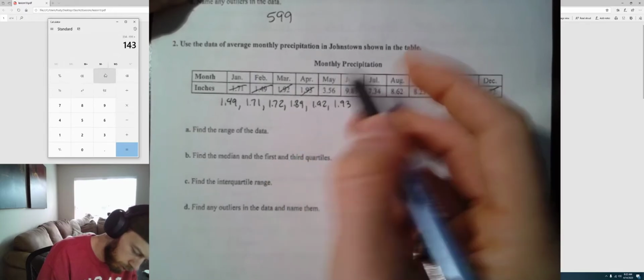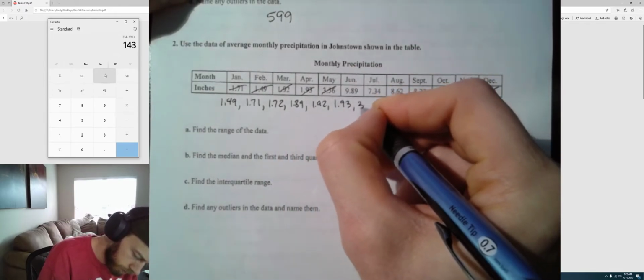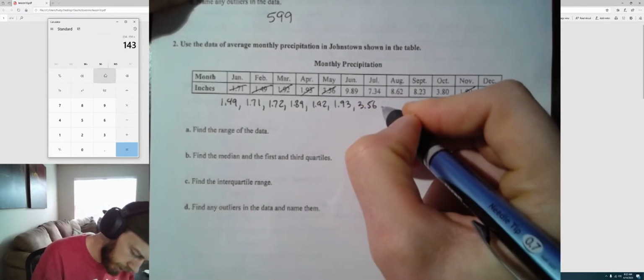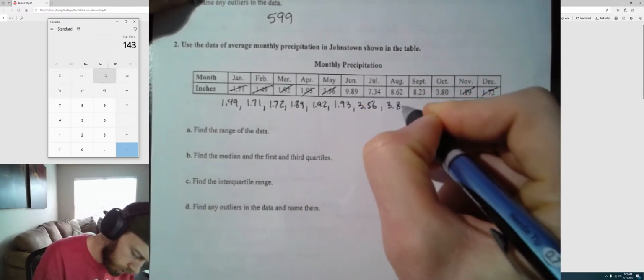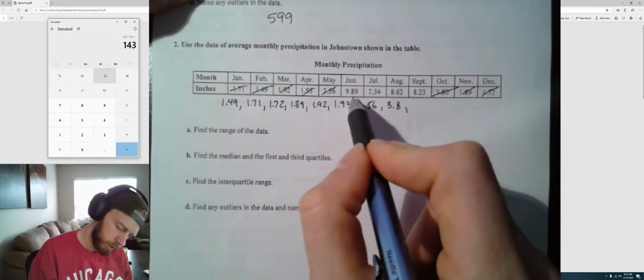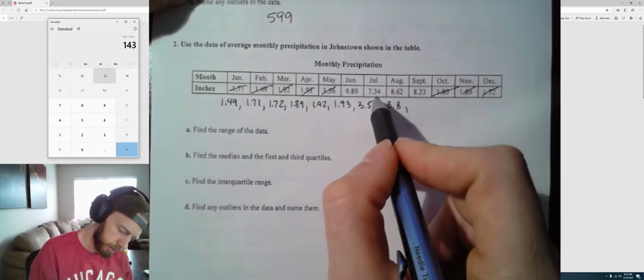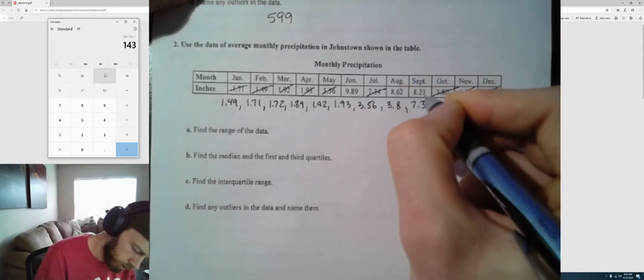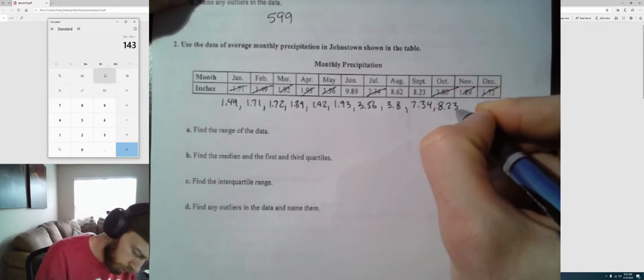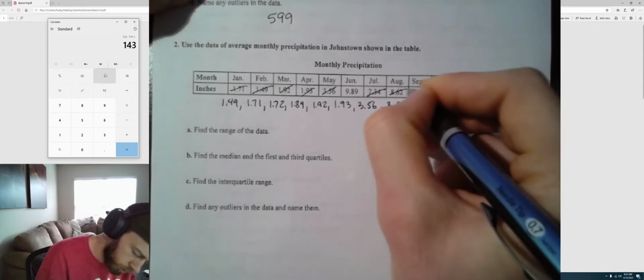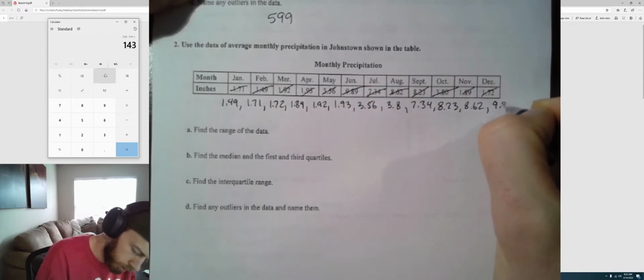I think the next one is 3.56 here, and I think 3.8 is the next one. And then we start to go a little bit higher here, and we get 7.34, 8.23, and 8.62, and then finally 9.89.